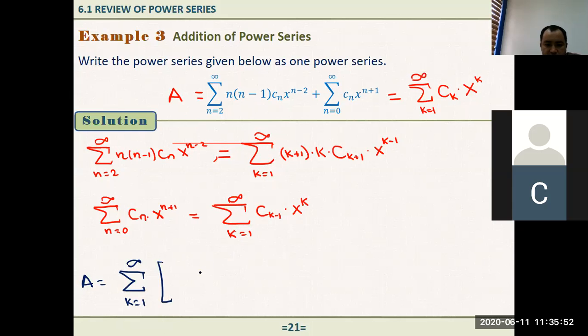First write this one. That's equal to k plus 1 times c sub k plus 1 times x to the power k minus 1, right? And the plus, here we have c sub k minus 1 times x to the power k.